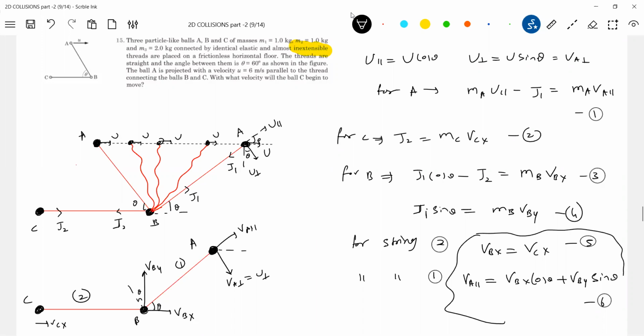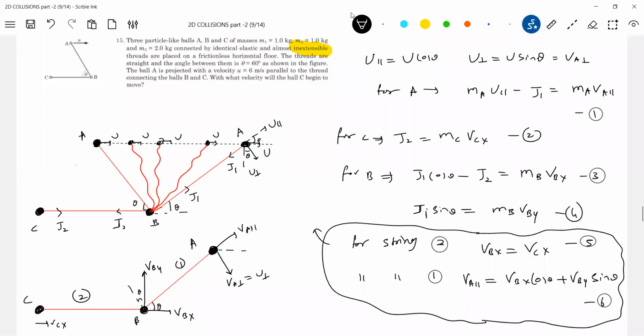As the string is inextensible, the velocity of the ends along the string must be equal. So this is about when more than one string comes.